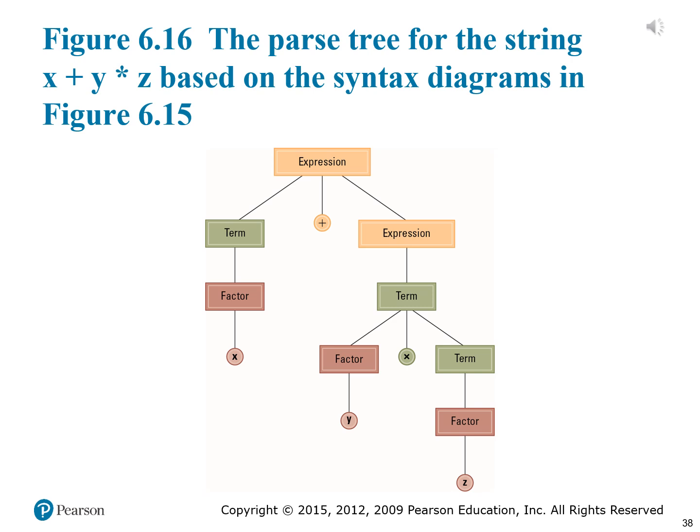In particular, the figure shows that an expression can be decomposed as a term followed by the plus symbol followed by an expression. In turn, the term can be decomposed as a factor, which turns out to be the symbol x, and the final expression can be decomposed as a term, which turns out to be y times z.